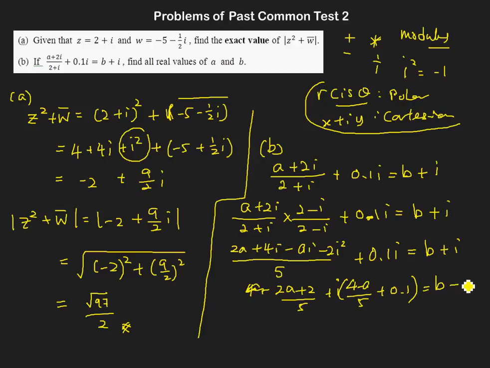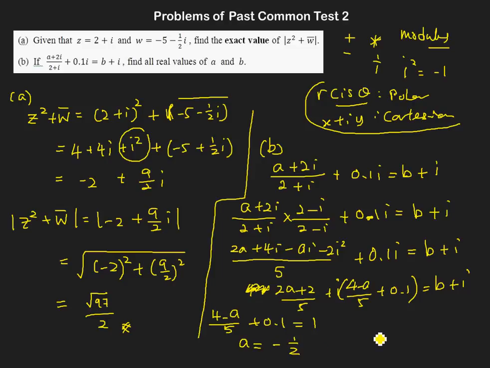And this is something like a vector. When you compare two complex numbers, you compare the real part and the imaginary part. I'll work with the imaginary part first. So this is 4 minus a over 5 plus 0.1 is equal to 1. See the right hand side, the coefficient is 1. If you solve this, you get a equal to -half.